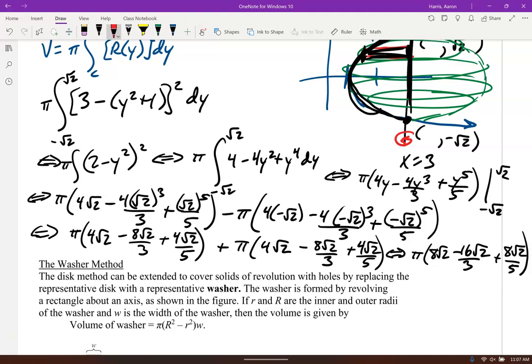So I'm combining. See how they both have a pi in front there. There's your 8 root 2 and so on. All right, there are those like terms.